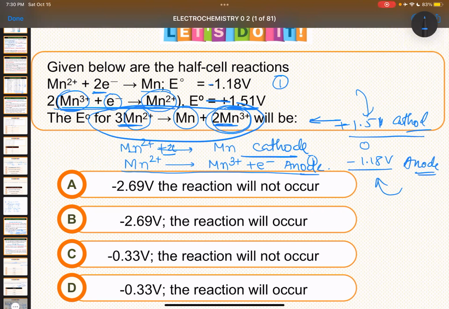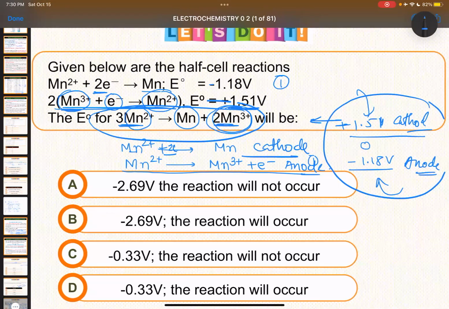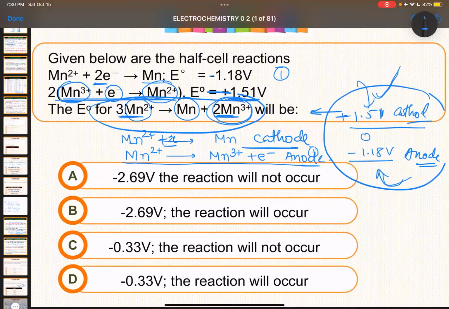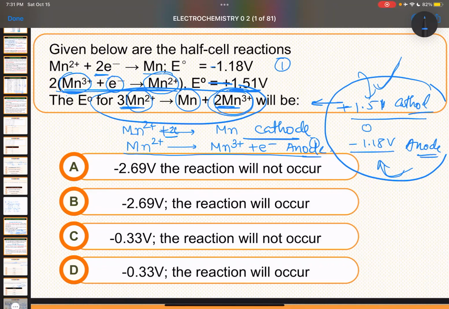Suppose the equation is not given, and it is asked from me to make cathode and anode, I will make the higher reduction potential the cathode, lower reduction potential the anode. But in this question, they have given you the cell equation and they are asking what is the electrode potential of this cell equation. They have given cathode and anode directly.